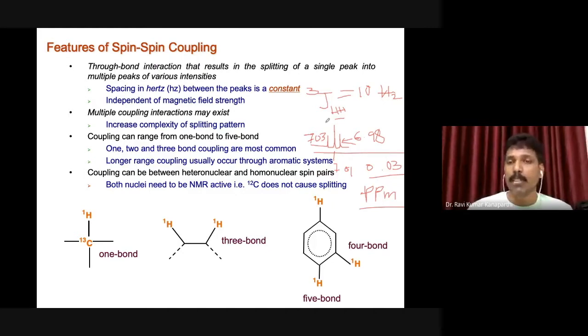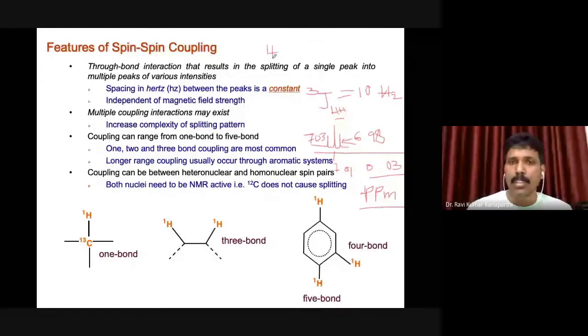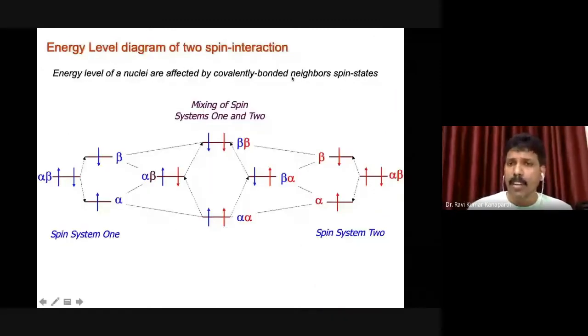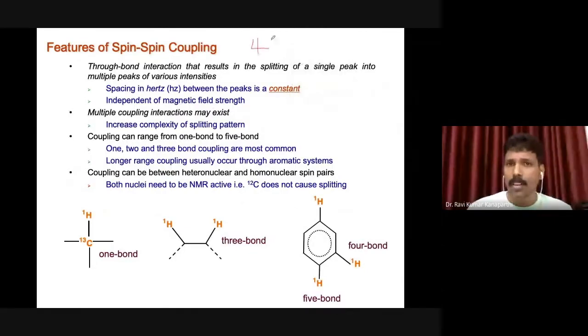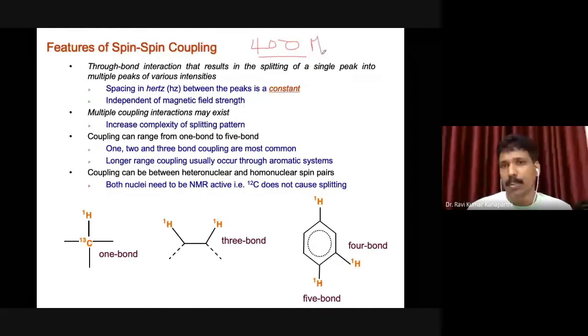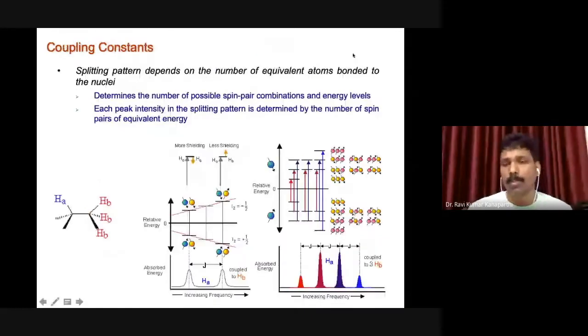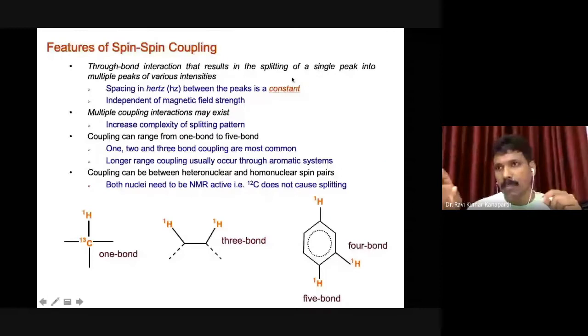For example, I told you that NMR spectrometers are referred to by the operating frequency of the proton. If you are recording a spectrum on a 400 megahertz instrument, then you have to multiply with 400. Megahertz means 10 power 6, and ppm, already I told you, means parts per million, which is 10 power minus 6.